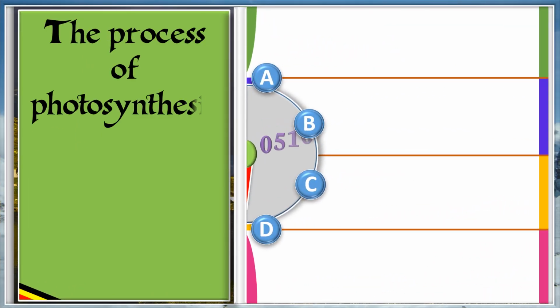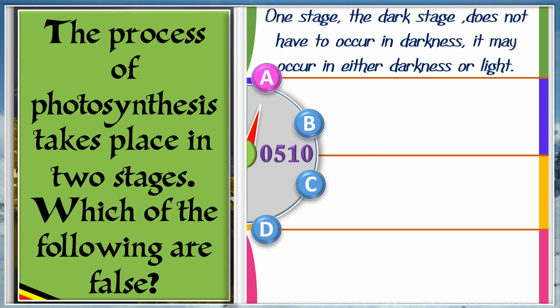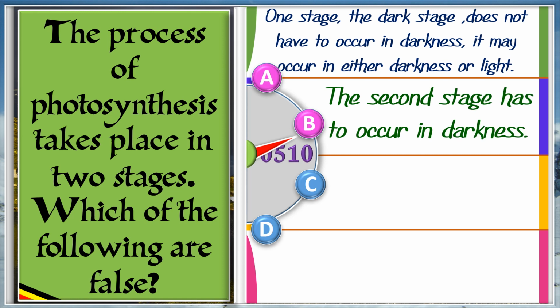The process of photosynthesis takes place in two stages. Which of the following are false? A. One stage, the dark stage, does not have to occur in darkness. It may occur in either darkness or light. B. The second stage has to occur in darkness.